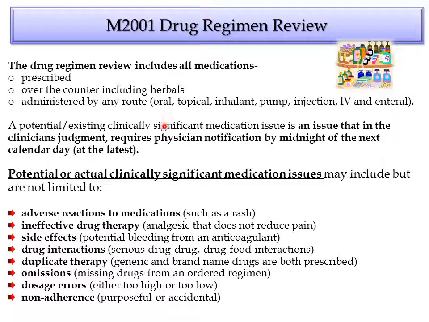And a potential existing clinically significant medication issue is an issue that in the clinician's judgment requires physician notification by midnight of the next calendar day at the latest. So this is the same thing where you have to contact the physician by the next day and they have to get back with you, but they just further defined it's by midnight of the next calendar day.